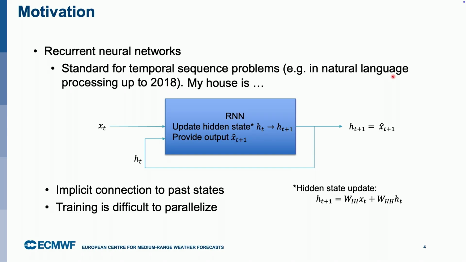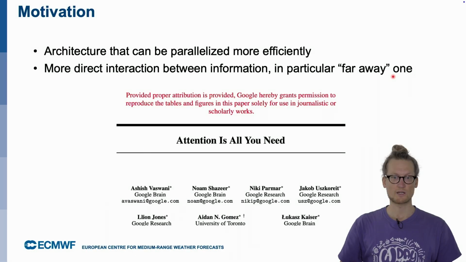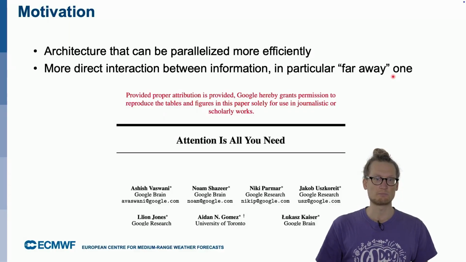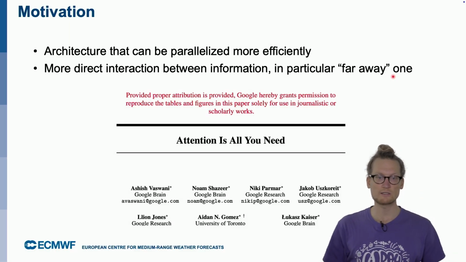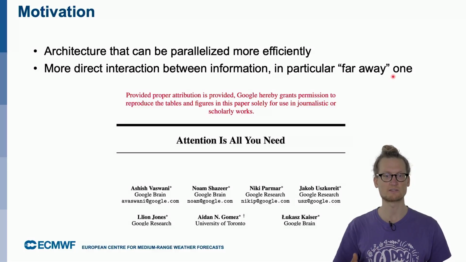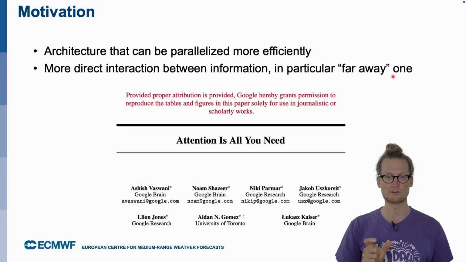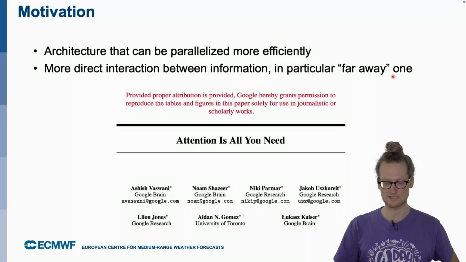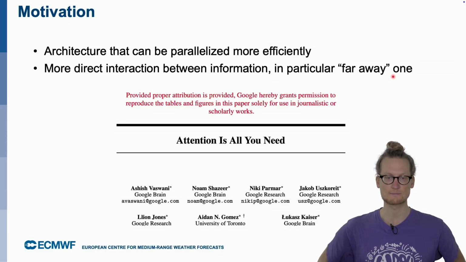And that's exactly where transformers come into play, because a transformer is an architecture that can be parallelized much more efficiently, and apart from this, it has a very direct interaction between the information of the individual words in your sentence, and that's something we will look at next.